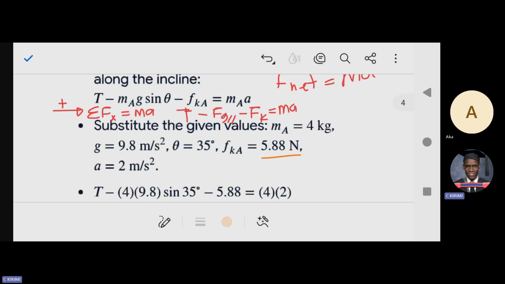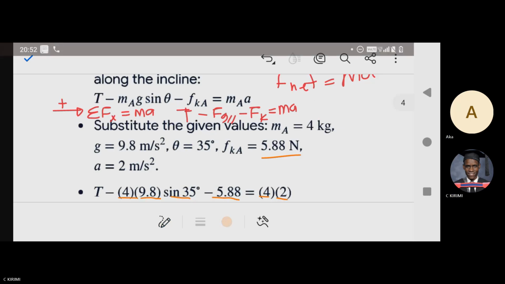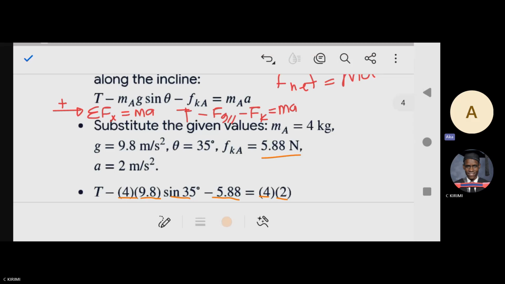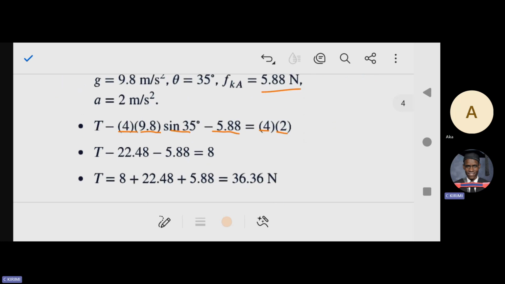Are you winning? Yes, sir. What are you getting? Plus 25.48, 36, 33. I got 33.48. That's the answer.